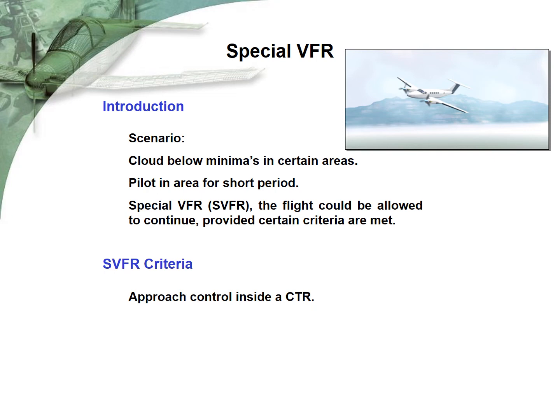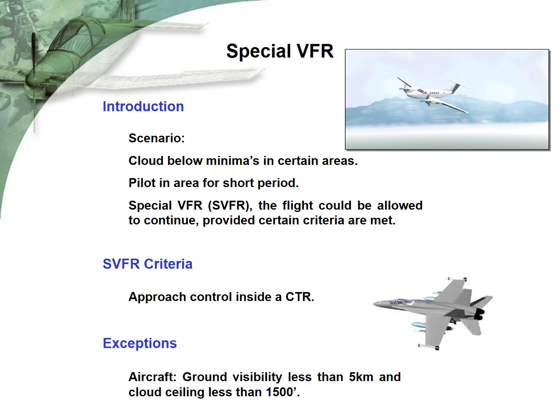Therefore, no aircraft shall take off from, land at, approach to land at, or even operate in an aerodrome traffic zone or aerodrome traffic area if the ground visibility is less than 5 kilometers and the cloud ceiling is less than 1,500 feet. But we have an exception: when the pilot of an aircraft is engaged in a cross-country flight, that aircraft may leave or enter an aerodrome traffic area or aerodrome traffic zone if the ground visibility is 5 kilometers and the ceiling is 500 feet.